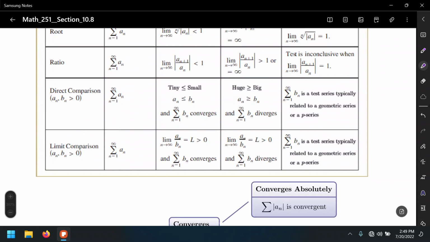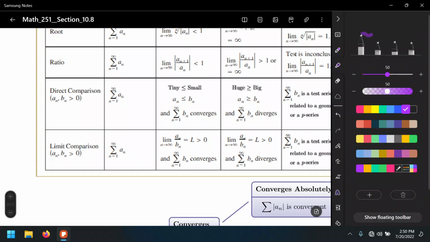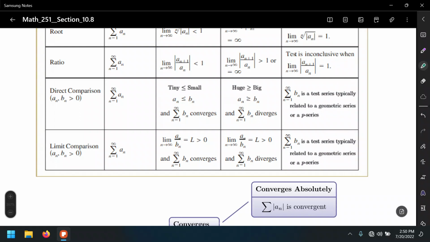And well, direct comparison and limit comparison. In some cases, direct comparison is very quick because all we do is either show that tiny is less than small or huge is greater than big. And sometimes, when you put the expressions together, it should be clear. As long as you say it, just put a check mark.